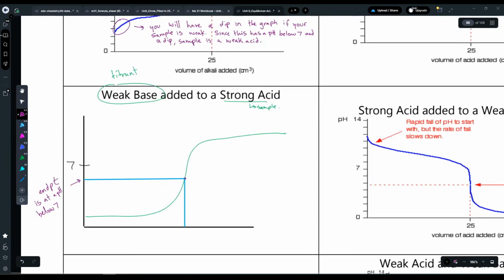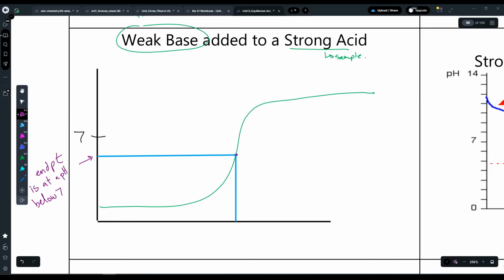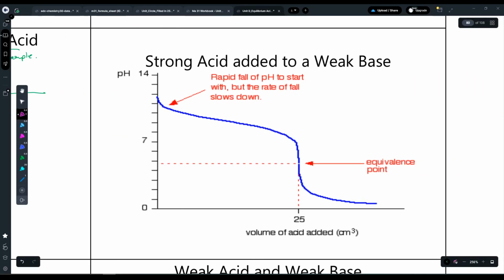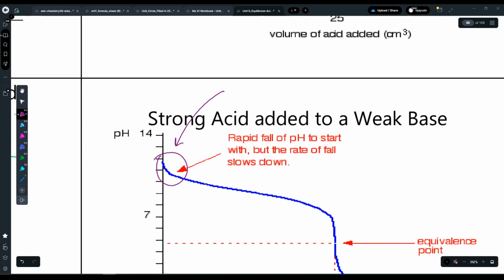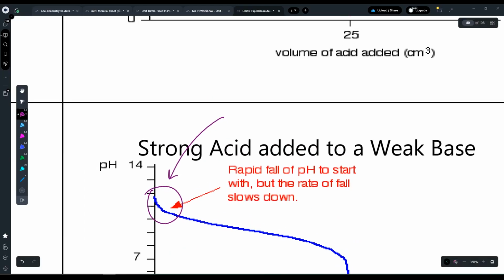Okay, and I didn't put any dips in this curve because our sample was not weak. But meanwhile, looking over at this pH curve, we do have a dip. And that tells you that your sample is weak, and because it's at a pH above 7, it's a weak base.